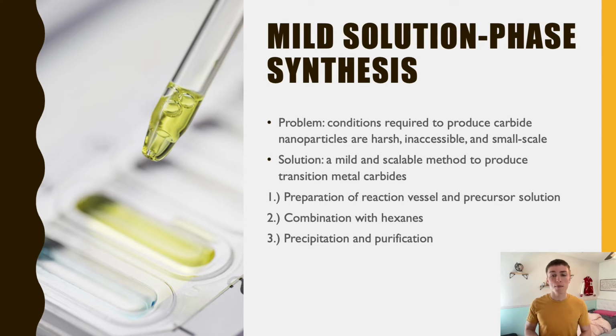What they did after that is they connected the inlet tubing of the glass syringe to an MF reactor, and the resulting molybdenum carbide nanoparticle suspension was combined with hexanes in a 1:5 ratio of hexanes to create the reaction mixture, and that was transferred to centrifuge tubes.